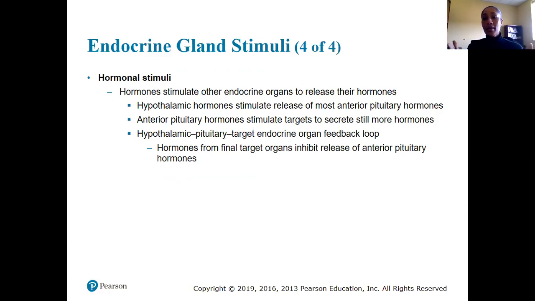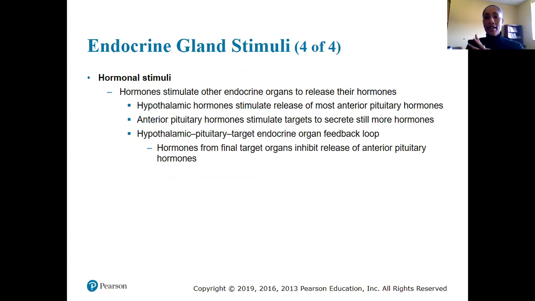The hypothalamus is going to release a hormone called the luteinizing releasing hormone that will go to the anterior pituitary gland, and then the anterior pituitary gland will synthesize and release the luteinizing hormone. So with this type of stimulus, we're taking one hormone that will be targeted to an endocrine organ so that it can stimulate and release another hormone.